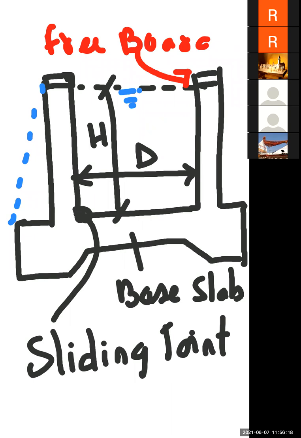Due to water inside it, there will be a hydraulic pressure, due to which the wall will try to deflect or deform. Why will it try to deflect or deform? Because of this sliding joint, there is some movement here.